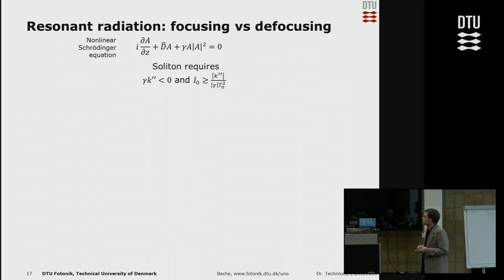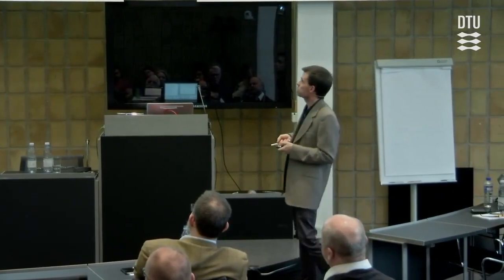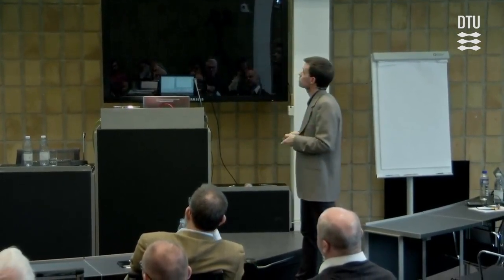So basically, to understand a little bit what goes on when you go from the focusing to the defocusing, the nonlinear Schrödinger equation is the same. Basically, you play around with gamma. So the soliton requires that the nonlinearity gamma multiplied with the group velocity dispersion parameter k double prime is negative, and that the intensity is high enough to really excite the soliton.